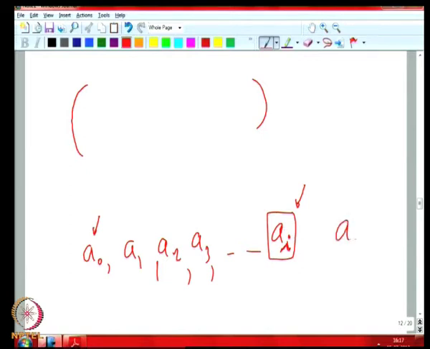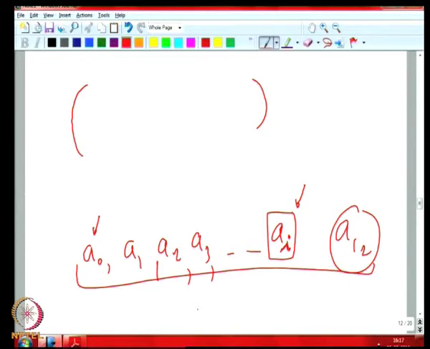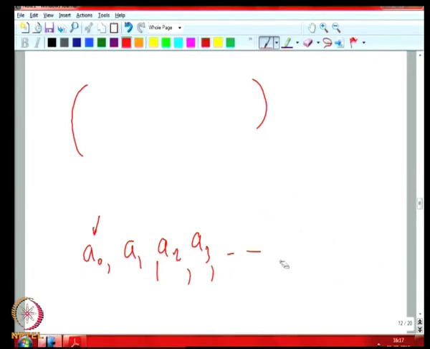So, we will be interested in A12. We will get an exponential generating function for this sequence, so that we can look for the coefficient of x raised to 12 by 12 factorial for the answer, right.